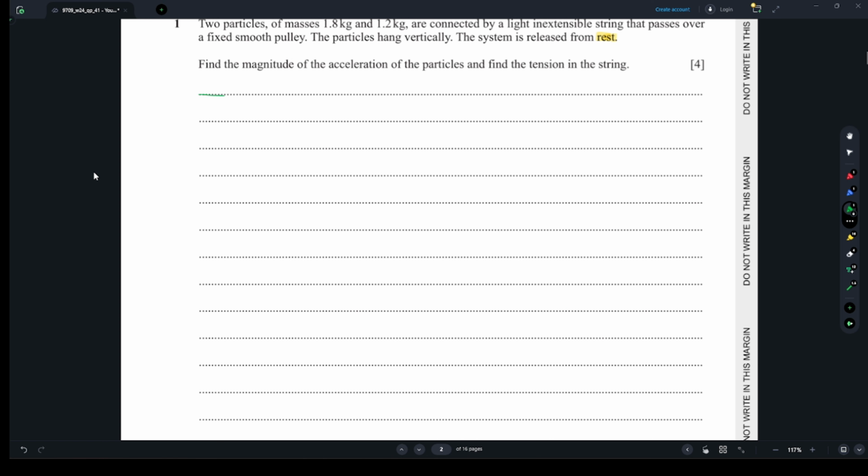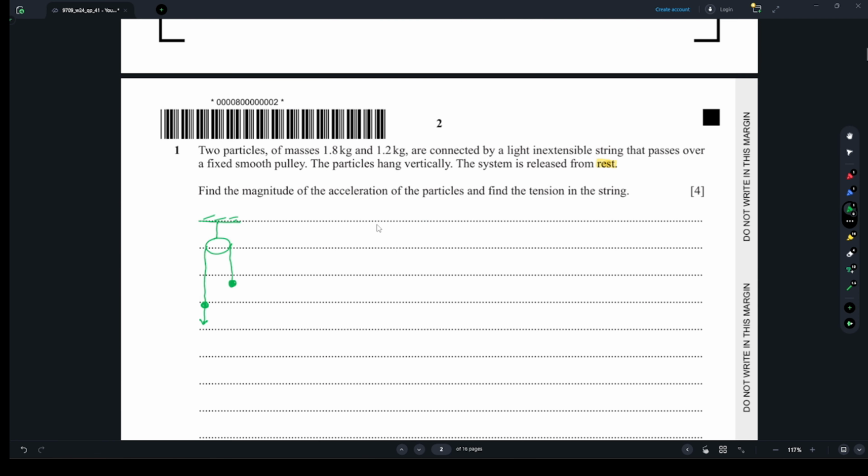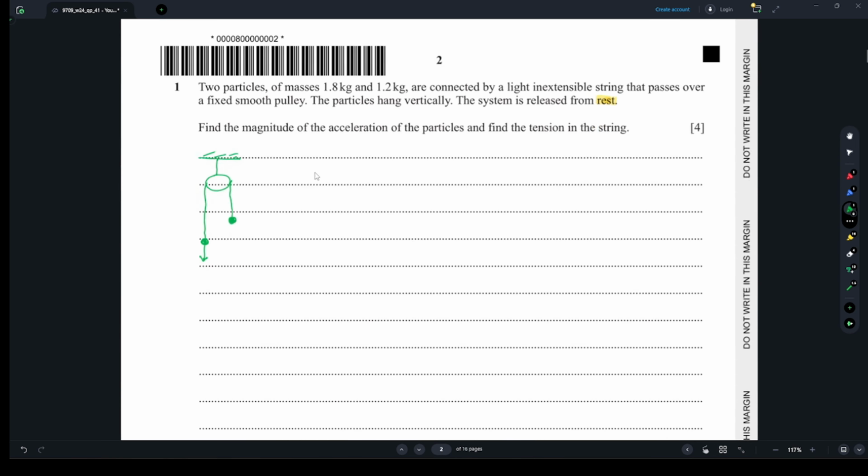So then it is easy for us to have a clear idea about what is happening there. It's okay, there's no need to be perfect. Just make some sketch. We have one mass here, and another one on this side. We don't know which mass is higher or lower, or whether they are at the same level, because they don't explain anything.